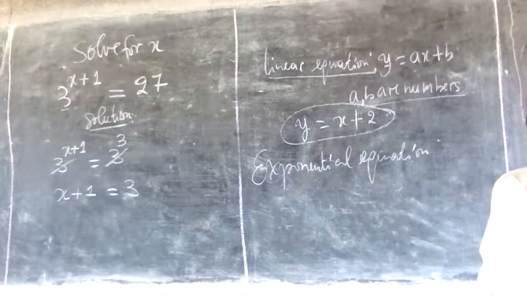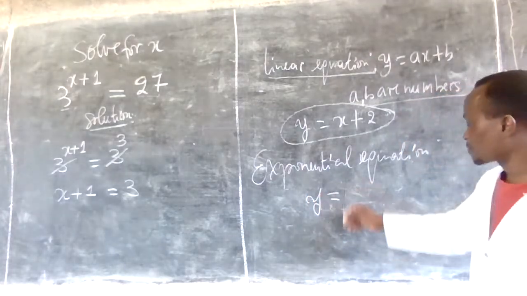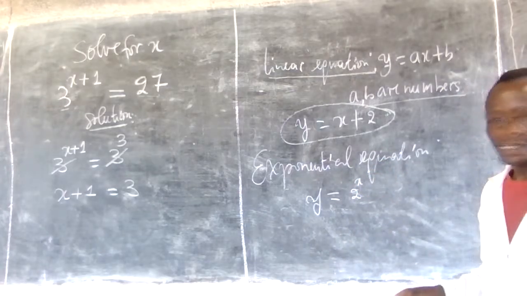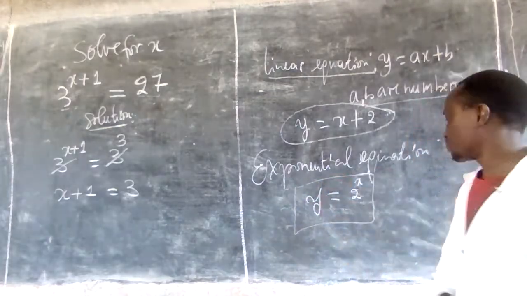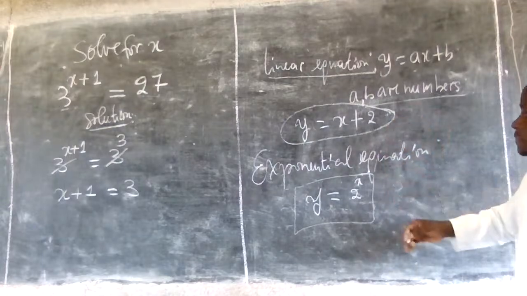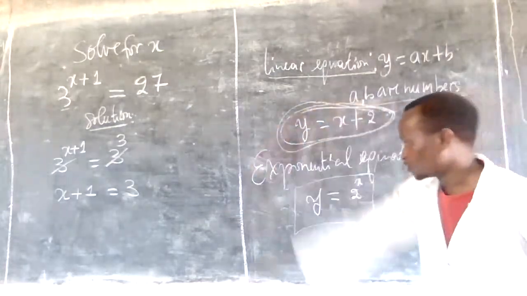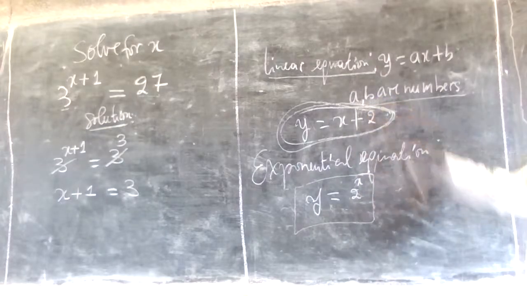For example, we have y equal to 2 power x. You see, this is an exponential equation. You see that an exponential equation is totally different from a linear equation. Those two equations are totally different.